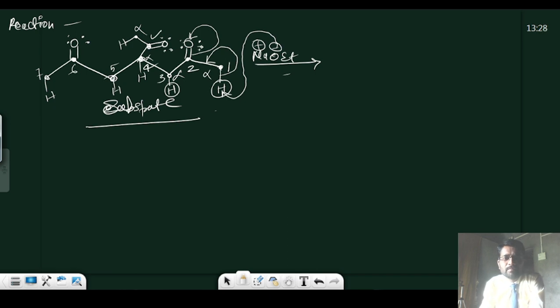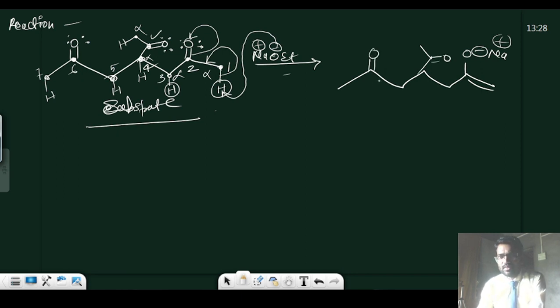Sodium will come over here, and the carbonyl is present. Here formation of this particular enolate takes place.